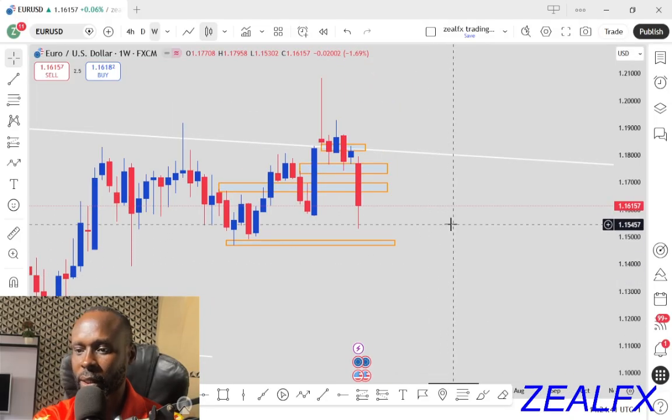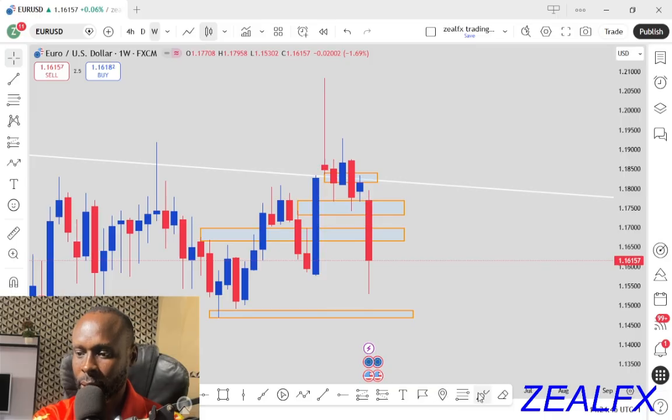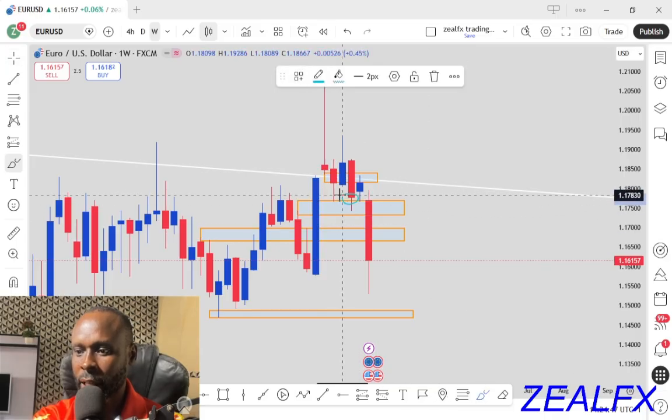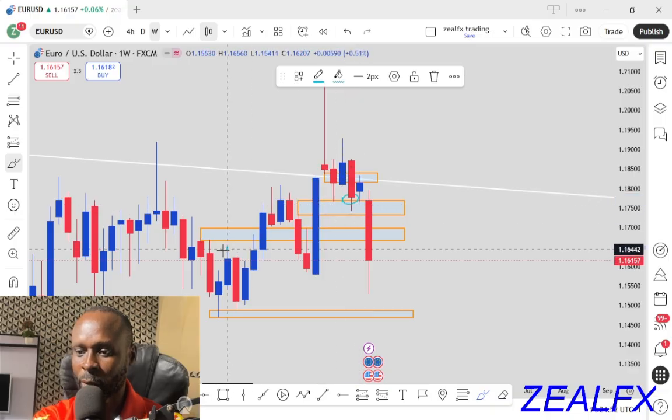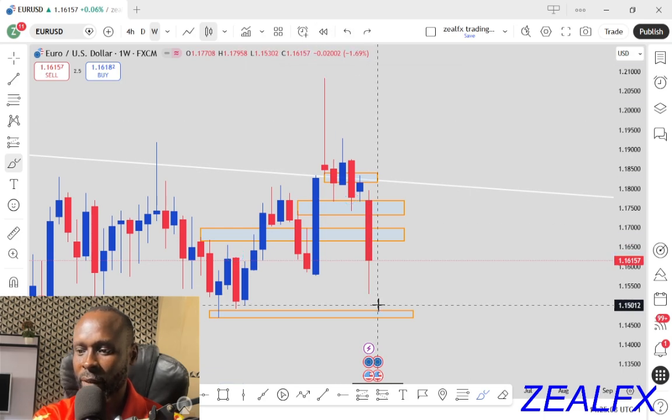On my weekly chart, we have price converting this support level into a resistance level. We also have price converting this support into a resistance level, which indicates we are expecting price to retrace to these key levels before we can start looking for our possible selling opportunity.